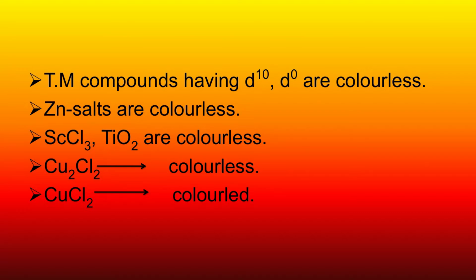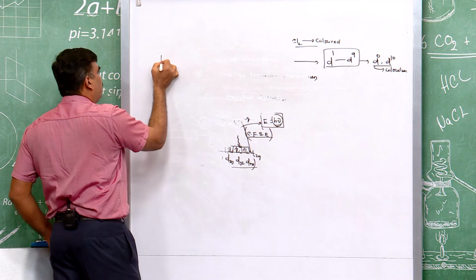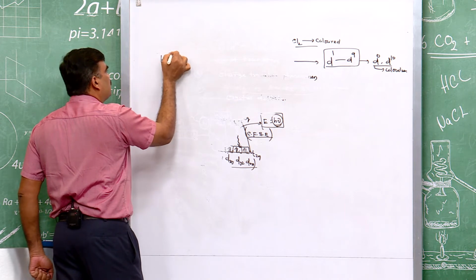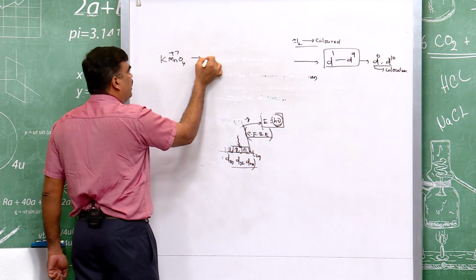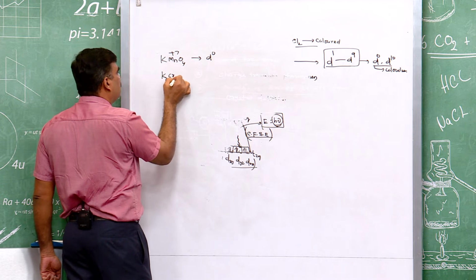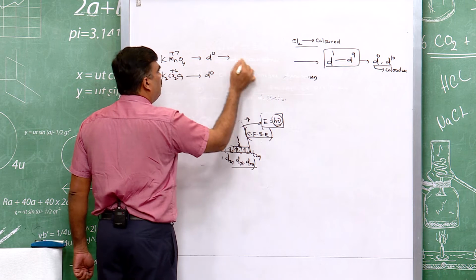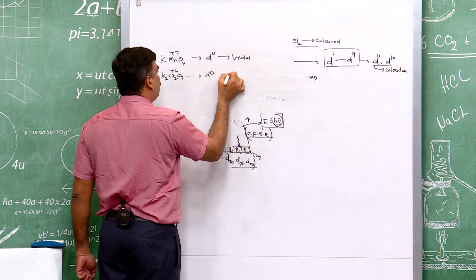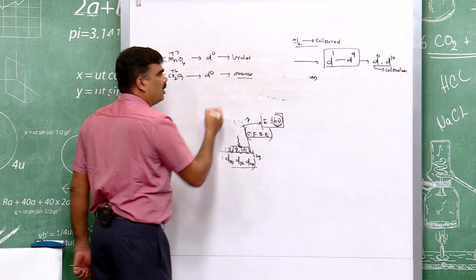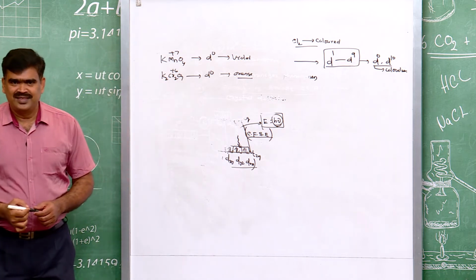Next, there are many species, very interesting, that even with d0 configuration are also looking colored. Let us see some beautiful examples like potassium permanganate, plus 7 oxidation state, which has d0, and potassium dichromate, which has a d0 configuration, plus 6, but it looks orange, and permanganate looks violet.